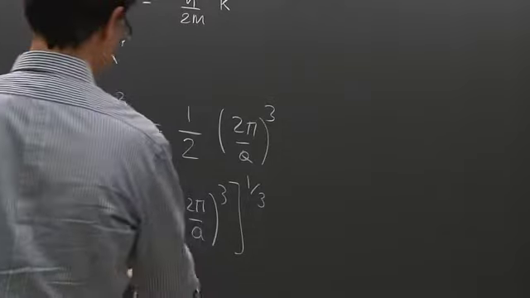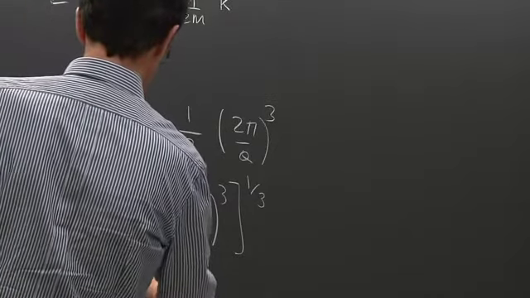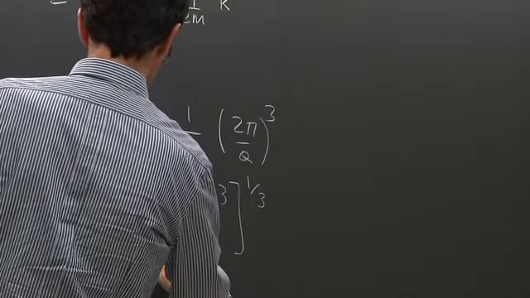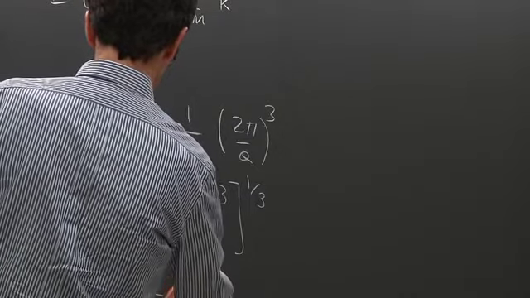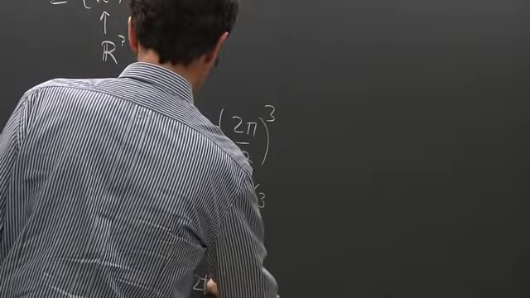So it's 1/2, 3 over pi to the 1/3, 2 pi over a.